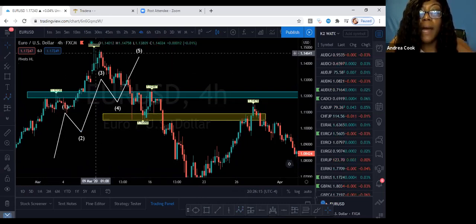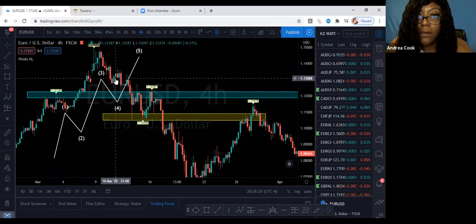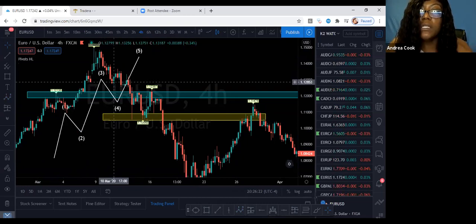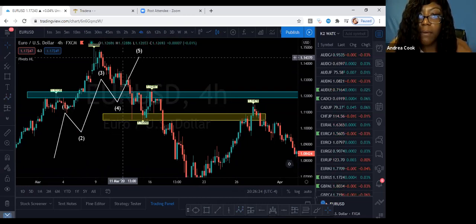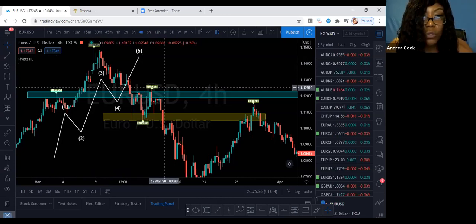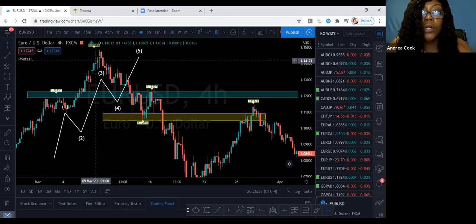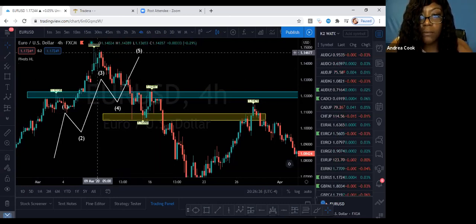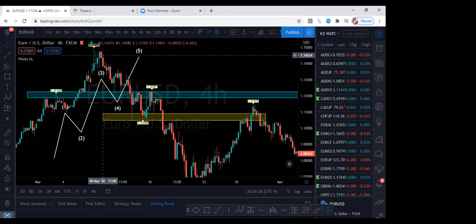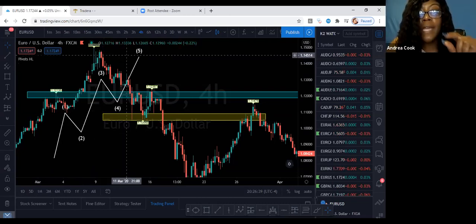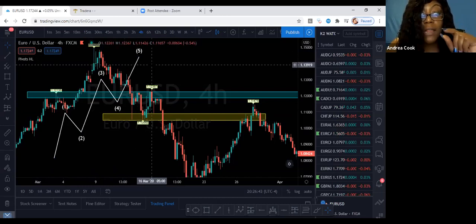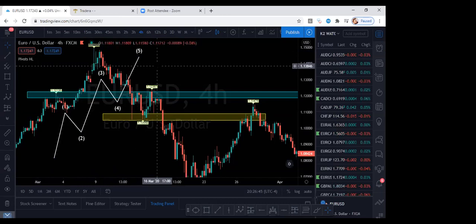You could be in for the buy, and then you could think that this is a pullback, so you don't get out because you think price is going to go back up. But if you know market structure, you would know that the market changed and it's no longer a bullish market. And you would know to get out of that trade. Knowing that alone will save you a lot of money. Okay, gotcha. That makes sense? Yeah, absolutely.